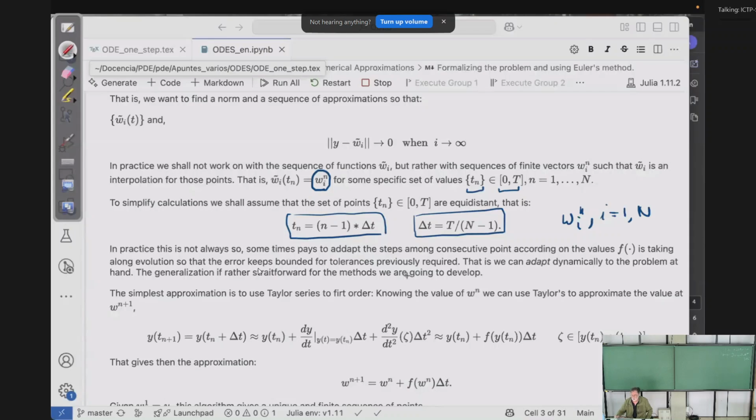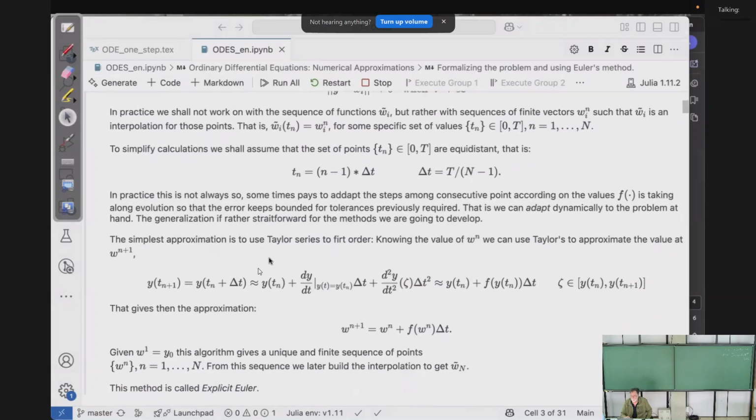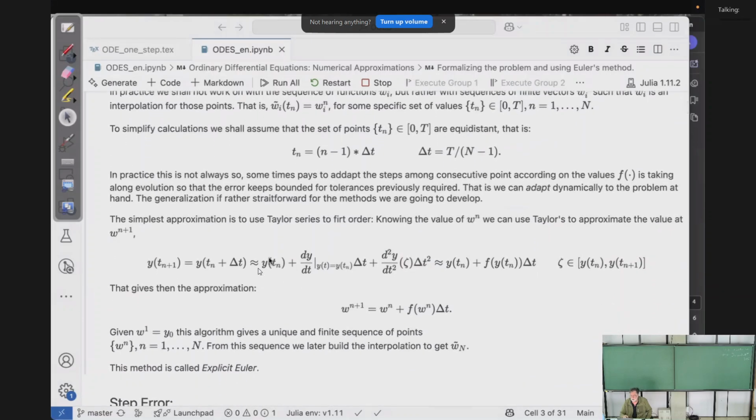So how do we do these approximations? Well, what we do is basically Taylor series. So we are assuming the solution has some smoothness, and therefore that the function has some smoothness. So what we do is use Taylor series.